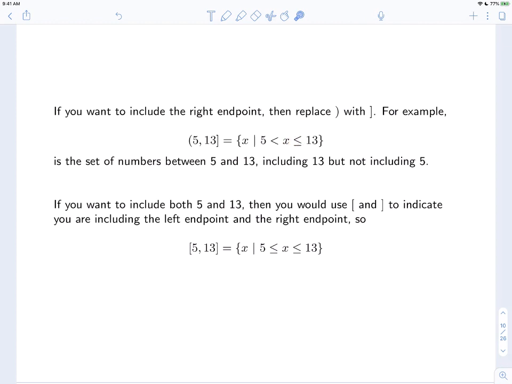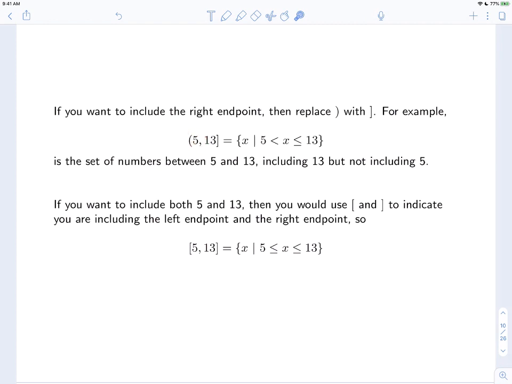Less than or equal to 13 means we're including 13, so that's why we use a bracket. The parenthesis means we're excluding the 5. 5 is strictly less than x. That means x can't equal 5, so that's why we use a parenthesis.